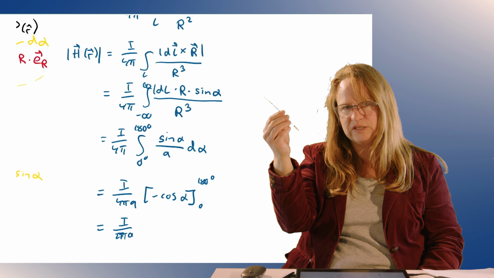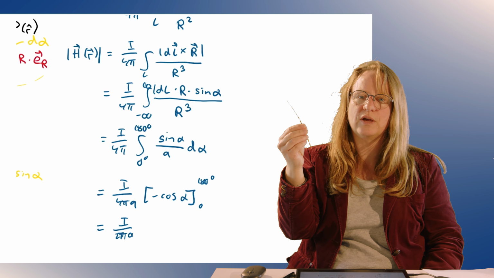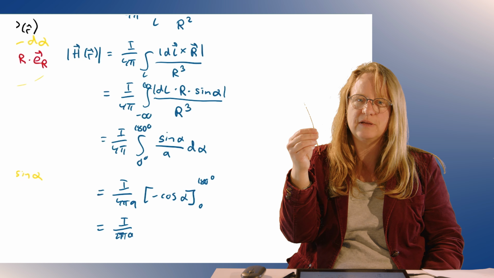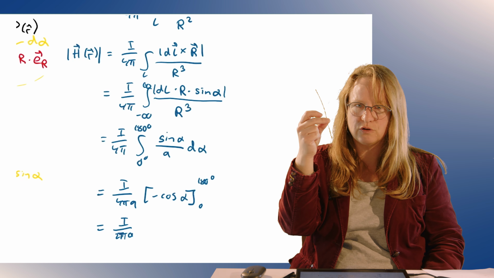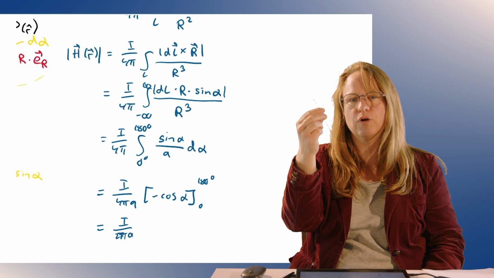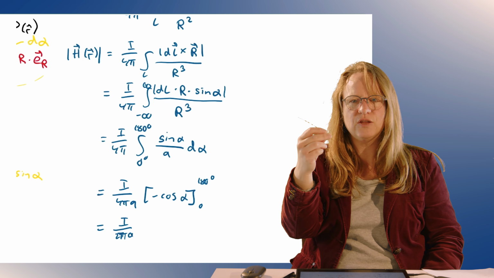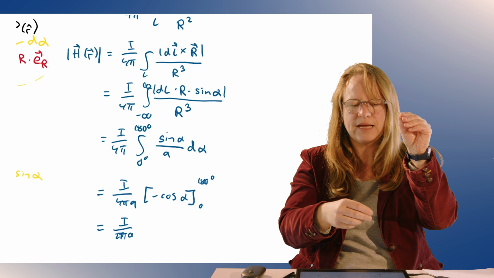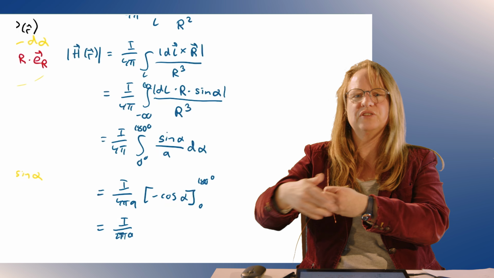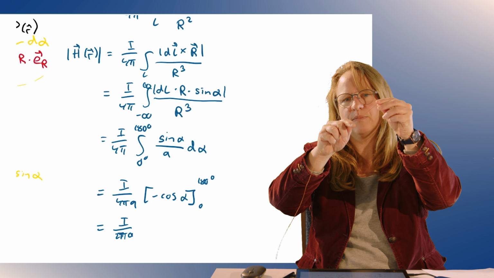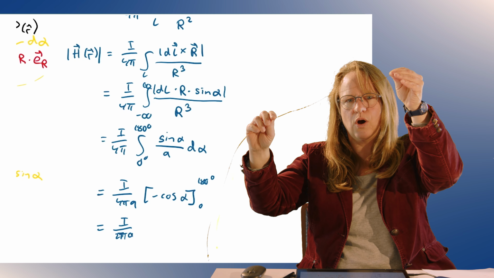The point now is, if you are in free space, remember, you can use the superposition principle. So if you know how to calculate one piece of wire, then you can also connect this piece of wire to another piece of wire. So you have some next wire going on here.